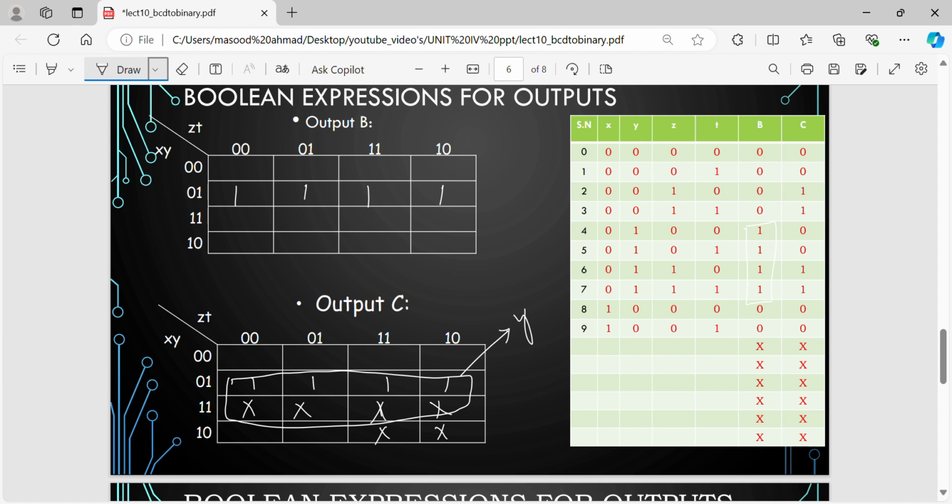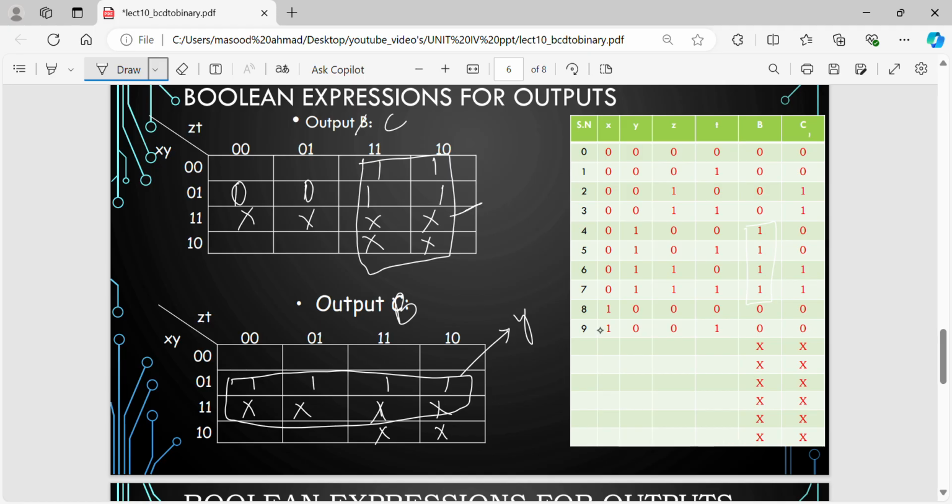So this is Y, where we are solving for B. Here I kept the values of B, so I will get the output for B. Here I am putting for C. Let's suppose C: 2, 3 and 6, 7. Of course, these are zeros. Then the rest are don't cares. So I can combine these 4.